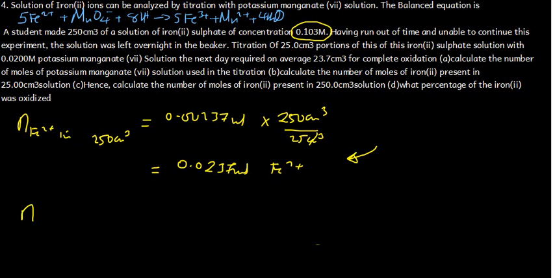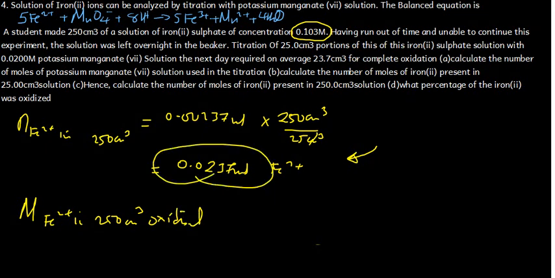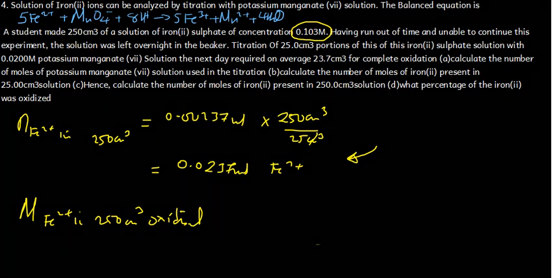So now what we want to find is the concentration, the molarity, of iron 2 plus in 250. This is what got oxidized because after the reaction occurred, only this was used. That means it's the one which was getting converted to what? To the iron 3 plus.